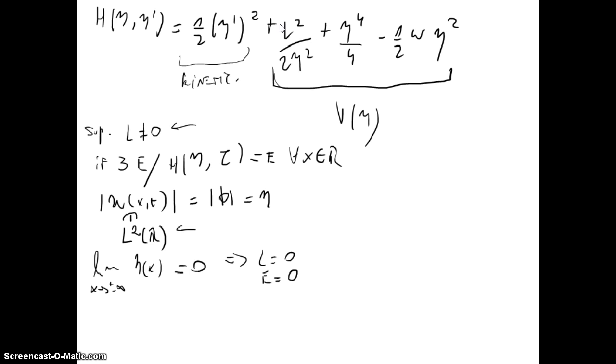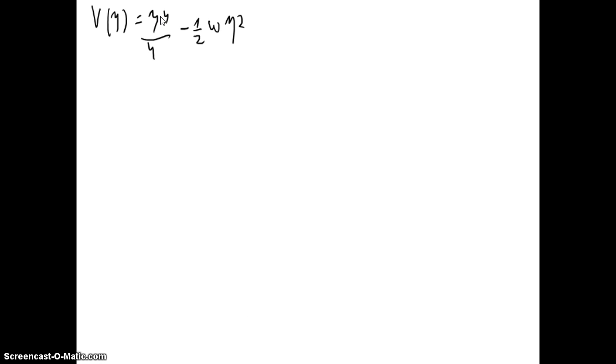Knowing this, our remaining potential V of η will be η⁴/4 minus 1/2 ω η², which is η²/2 times (η²/2 minus ω).